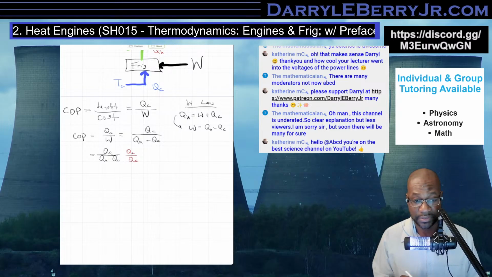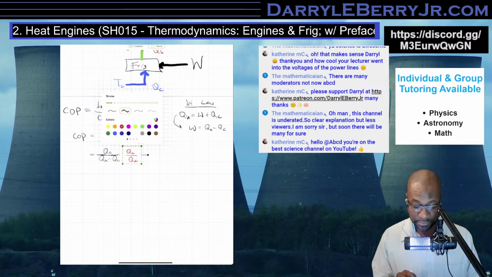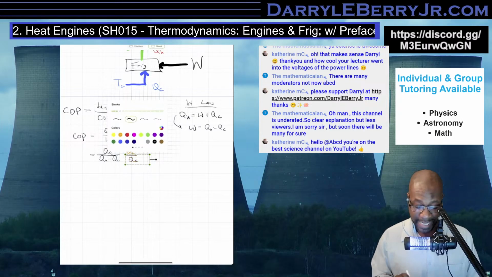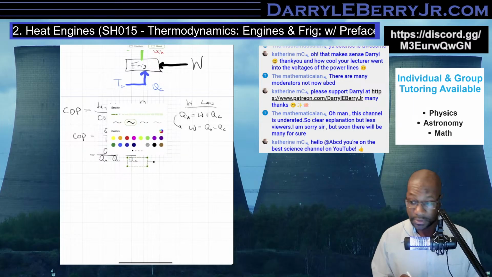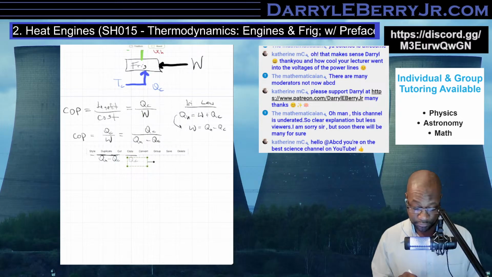And I'm going to color code this so it's clear what I'm doing. So let's color this orange. I'll keep the dividing line black, and I'll color this gray. Does that show up well? I'll color this pink.